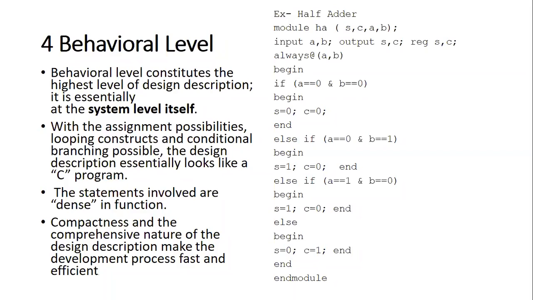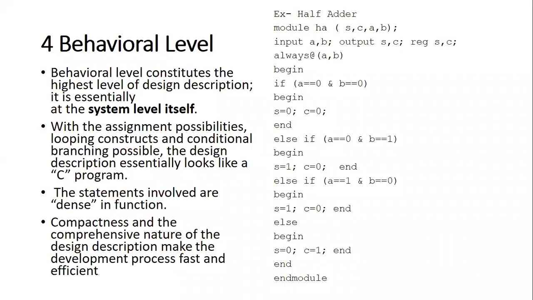It is simple to write like a C program, and dense in function. The compactness and comprehensive nature of this design makes the development process fast and efficient. Mostly we use behavioral modeling whenever we have to model a design based on our requirements, until and unless the logic is available for us.